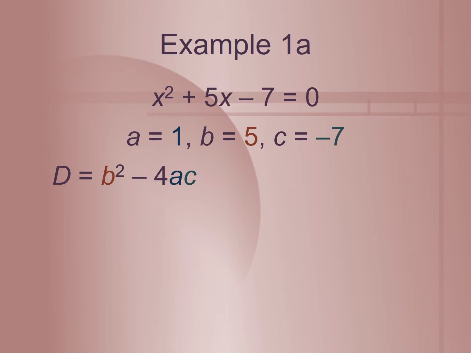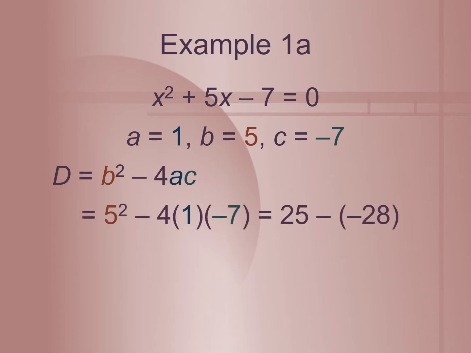So I'll replace b with 5, a with 1, c with negative 7. So I have 5 squared minus 4 times 1 times negative 7. 5 squared is 25, and 4 times 1 times negative 7 is negative 28. When I do 25 minus negative 28, it becomes 25 plus 28, which is 53.